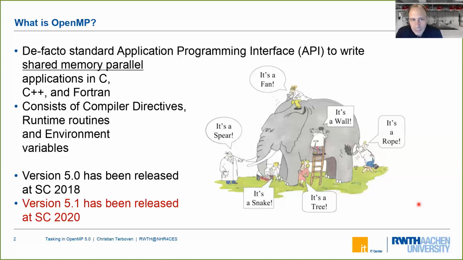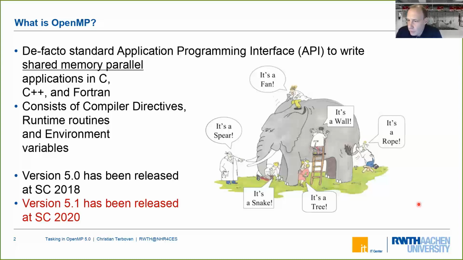So it still aims to be the de facto standard for shared memory parallel programming, targeting C, C++, and Fortran. And it still builds on compiler directives, runtime routines, and environment variables. So this didn't change, and only with respect to C++, in future versions, the aspect of compiler directives might change. But all those features that have been added over the years made OpenMP look really different.